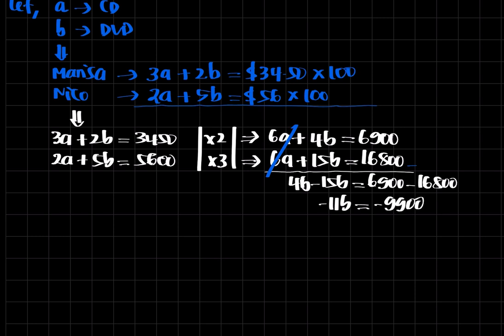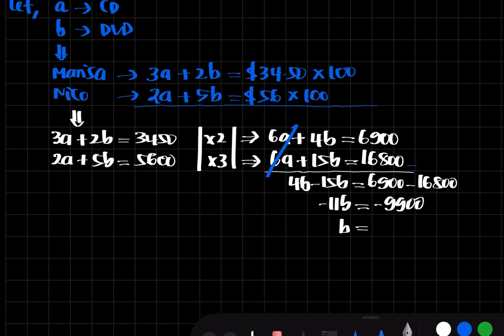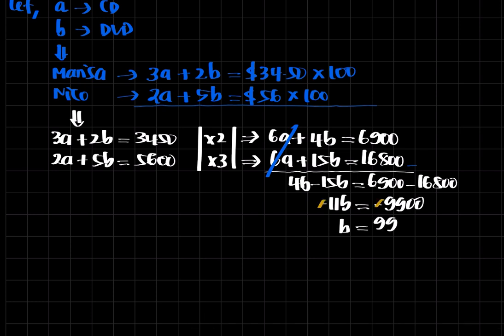Because both of them are negative, we can remove the signs, and it's remaining 9,900 divided by 11. So B equals 900. Remember that this is the DVD.